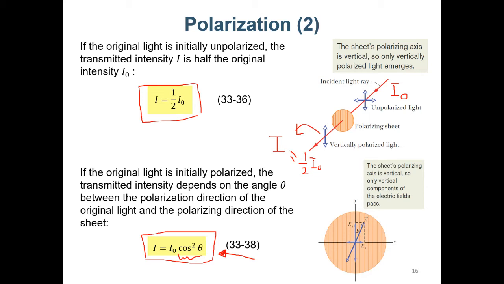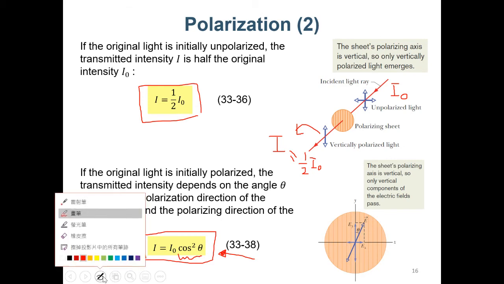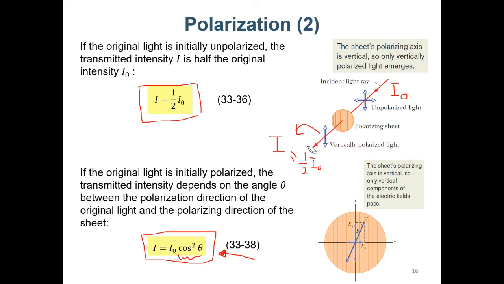For this case, the original light is initially polarized, different from this case. In this case, the incident light ray is unpolarized, passes through this polarizing filter, so the output has an intensity half of the original.